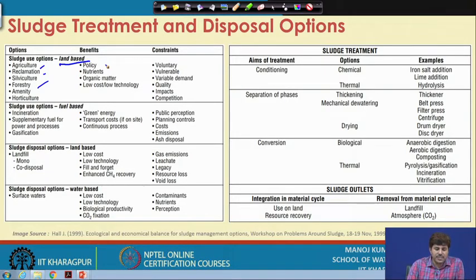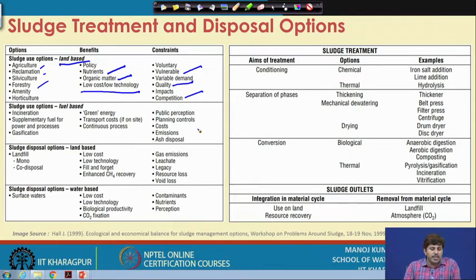The major benefits are that policies exist for such reuse options, we can use the nutrients and organic matter, and it is a low-cost, low-technology option. There are several constraints as well: it is a vulnerable process that can adversely affect soil quality, and there are quantity issues, impact issues, and competition from other sectors.